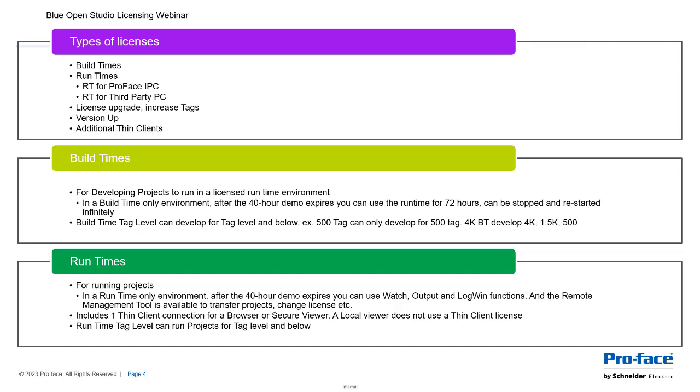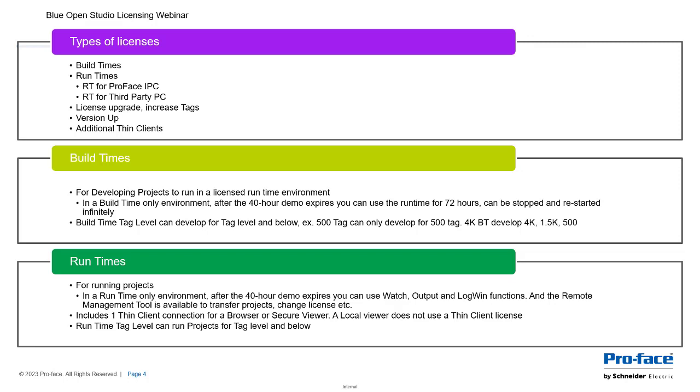If you're running the runtime on a Proface IPC, that's one part number. And then if you're running the runtime on any other brand IPC, that's considered third party, and you require a third party runtime license.